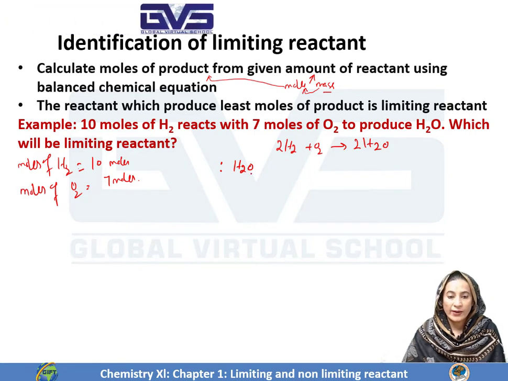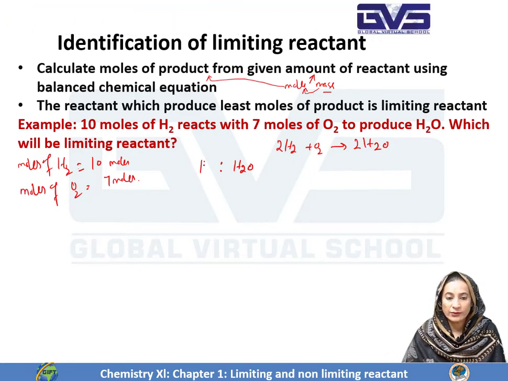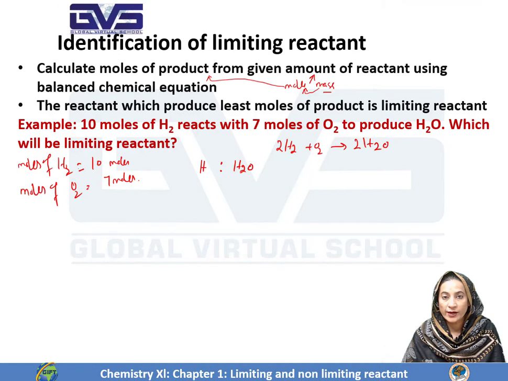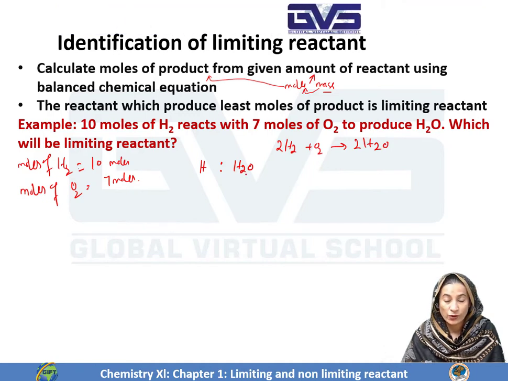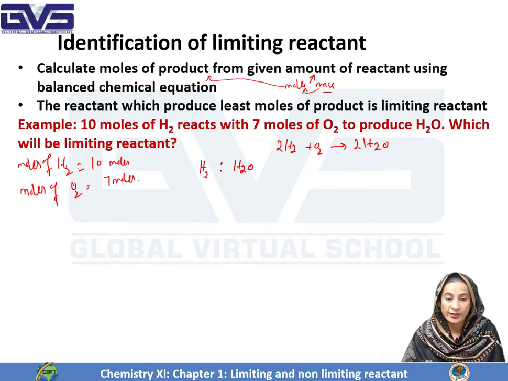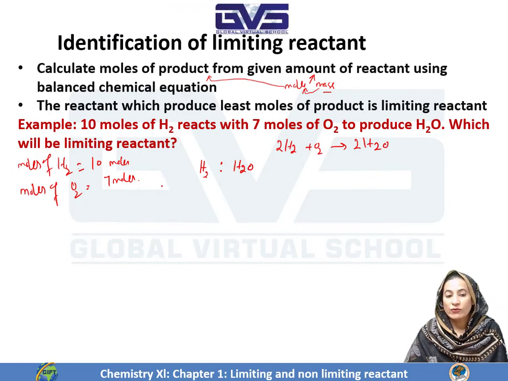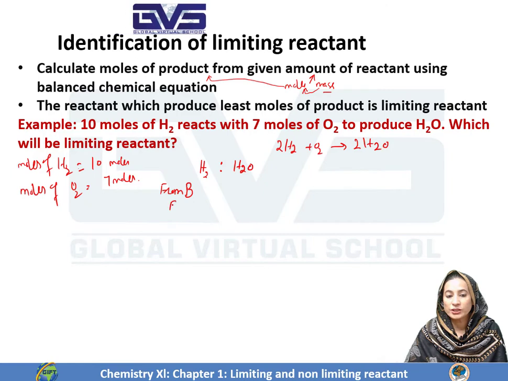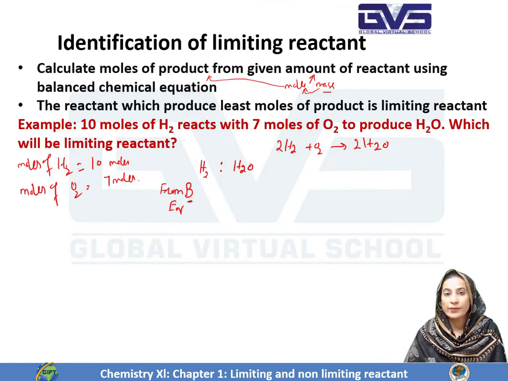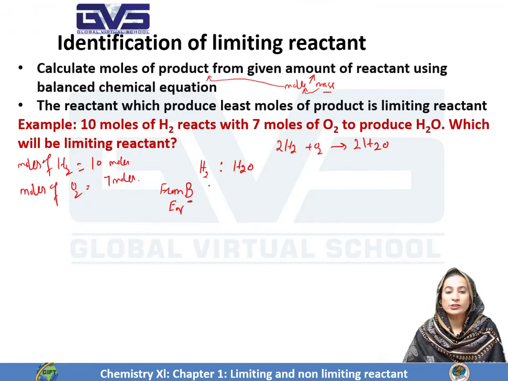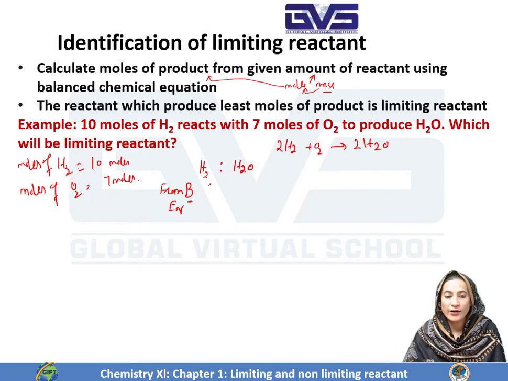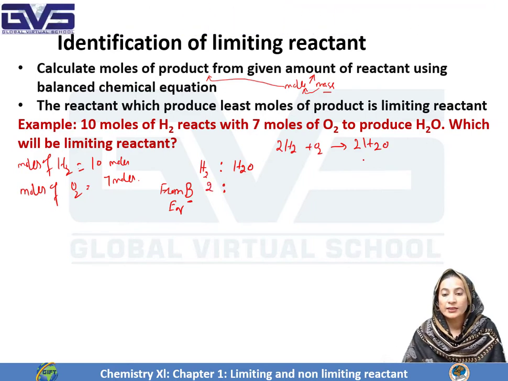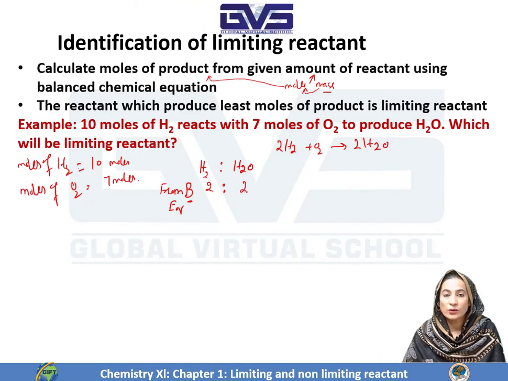First reactant is H2, so we will calculate the moles of H2O product with the help of H2 reactant. So first, from balanced chemical equation, so B stands for balanced chemical equation. Balanced chemical equation shows when 2 moles of hydrogen are consumed, then 2 moles of H2O are formed.